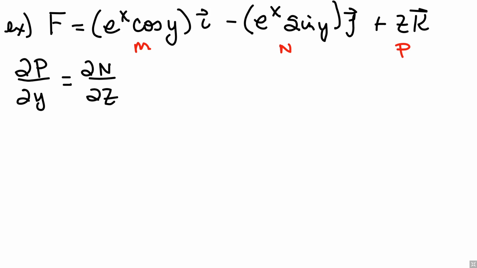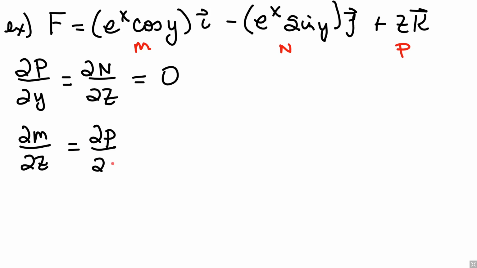So what is the partial of P with respect to y? It's 0. And then what is the partial of N with respect to z? It's 0. So we know that both of those partials are equal to 0. Good. So that one checks off. So next we're going to look at the partial of M with respect to z and compare it to the partial of P with respect to x.